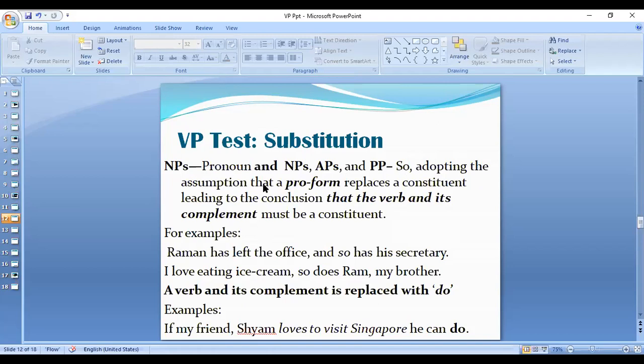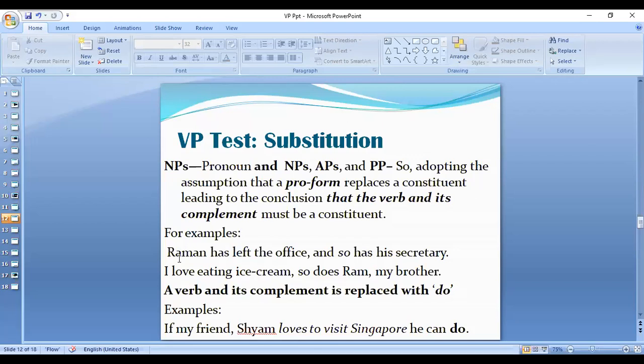Adopting the assumption that proform replacement replaces a constituent, we conclude that the verb and its complement must be constituents. According to this rule, we can conclude that the verb phrase is also replaced by some constituent element.